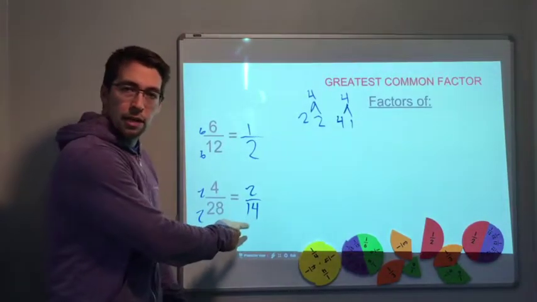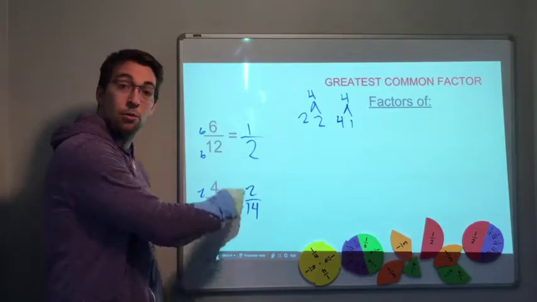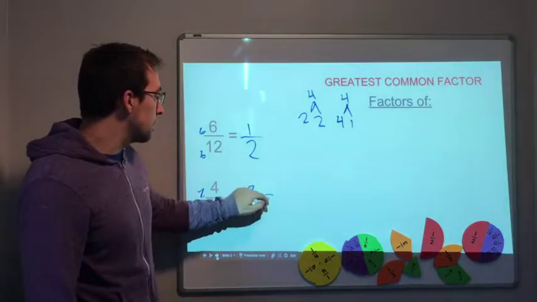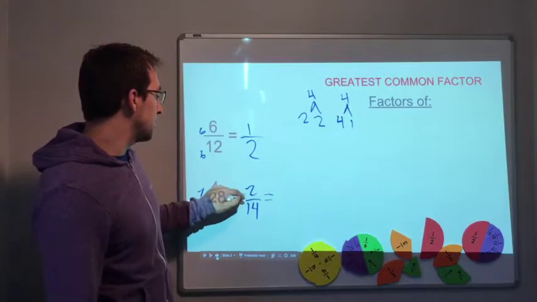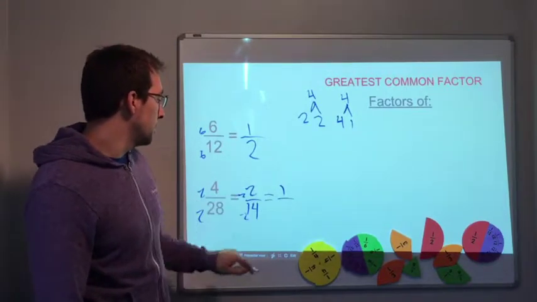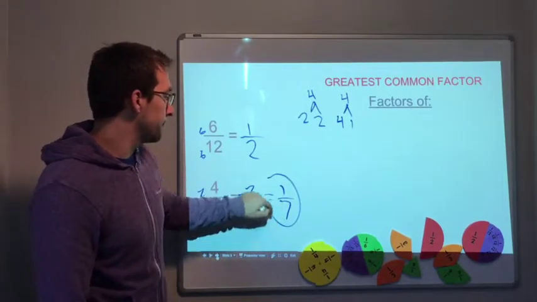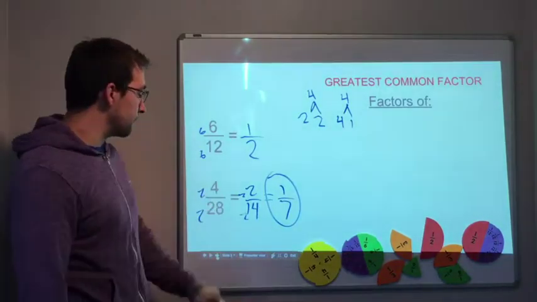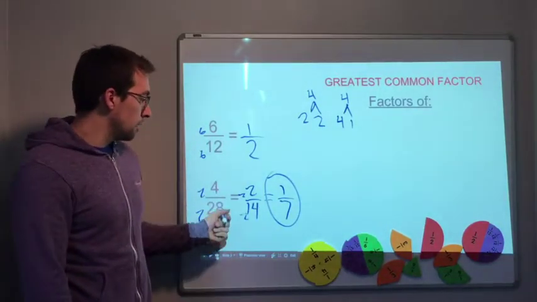Can I still reduce that? Are they still both even? Yeah. So 2 divided by 2 is 1. 14 divided by 2 is 7. That is what it is. 4 out of 28 is 1 out of 7.